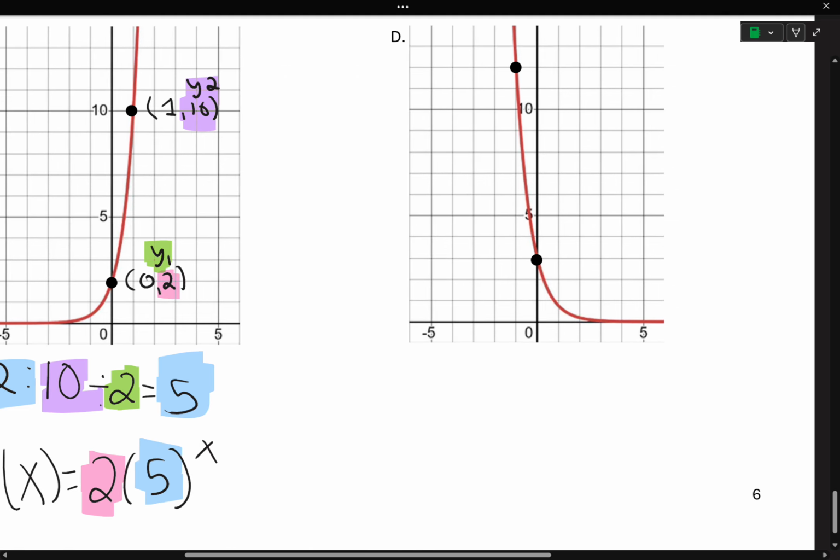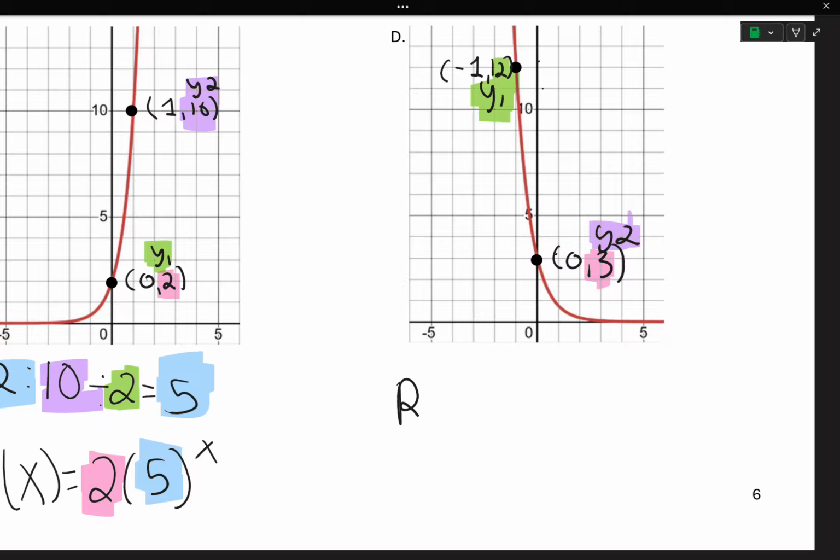Last one. Let's label my starting point. This looks like 0, 3. And then we've got this point right here, which is negative 1, 12. y1, y2. I didn't mean to do blue. y2 and y1.